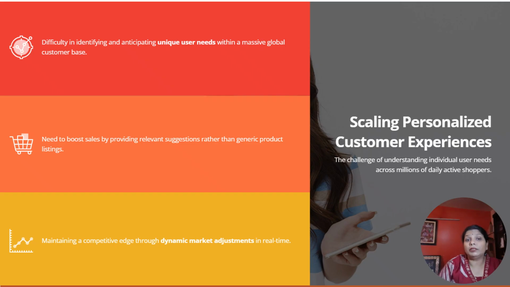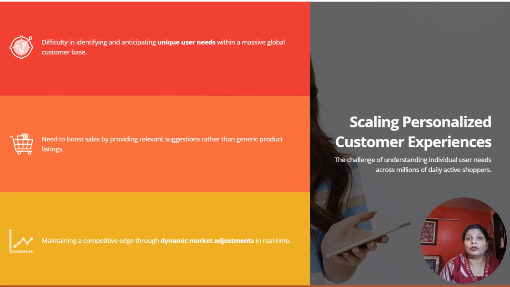Manual or intuition-based approaches are simply not feasible at this scale. Second, the organization needs to boost sales by providing relevant product suggestions rather than generic product listings. Personalized recommendations increase customer engagement, which is very important, and the conversion rate has to increase, and that results in overall satisfaction.